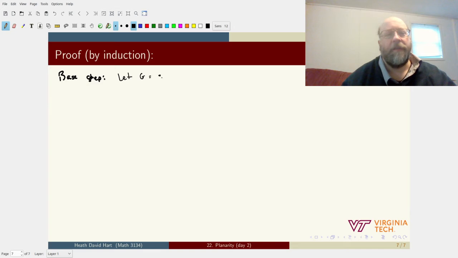That's the smallest graph that we can have here. Then there's one vertex, there is one face, and there are no edges. And so vertices minus edges plus faces does equal 2.